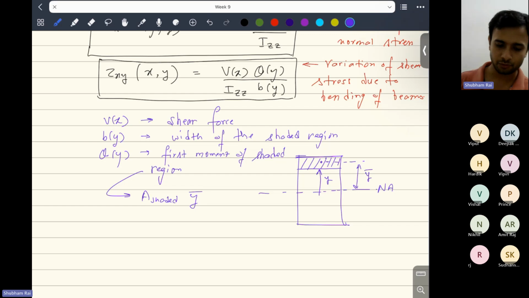Now let me write some formulas for shear stress distribution in thin open sections. That was related to unsymmetrical bending. Let me quickly write that.